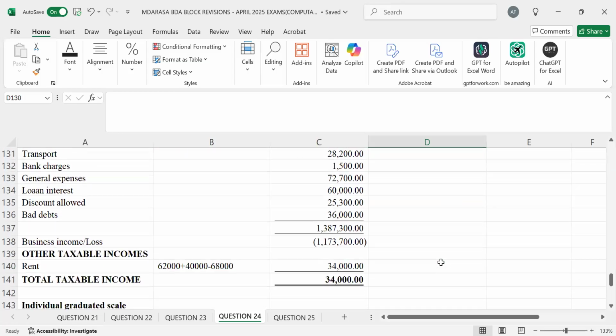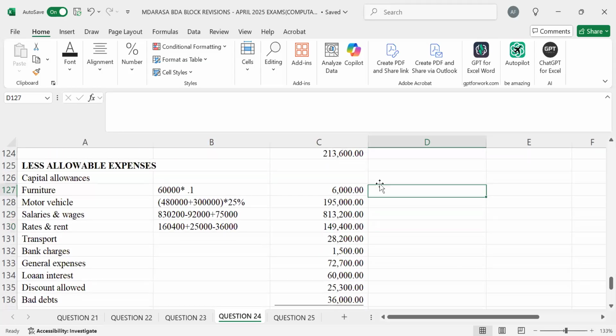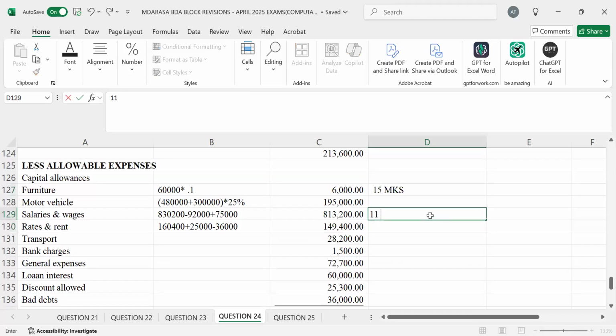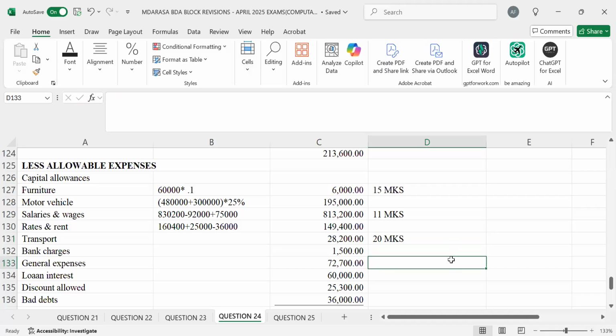Regardless of how the question has been tested, or how hard it is, tax is always made in a way that if a question has been allocated, say, 15 marks, so long as you've mastered the format, trust me, direct entries will be 11 marks or maybe 10 marks. These are direct entries. If the question is given 20 marks, the marks that you can get easily without struggling are almost up to 15 marks.